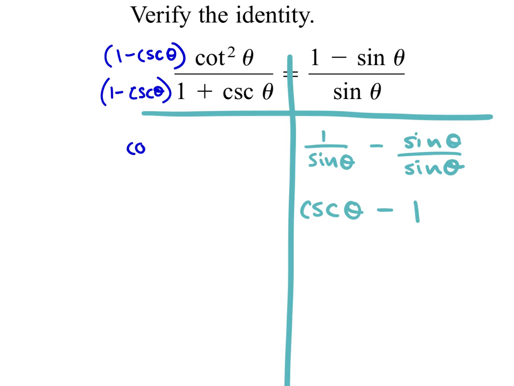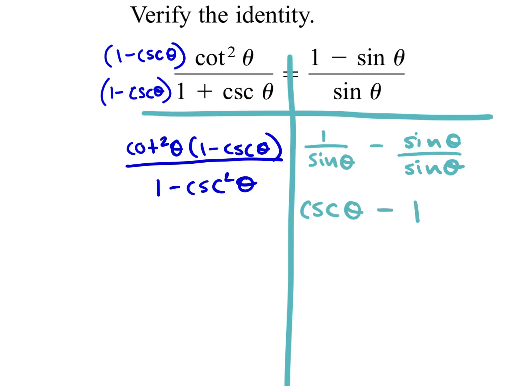So I'm just going to leave it as cotangent squared times 1 minus cosecant. I don't want to distribute it yet because I don't know what's going to simplify. So I'll leave it like this for now. In the denominator, we can use our conjugate shortcut. So 1 squared minus cosecant squared would be 1 minus cosecant squared.